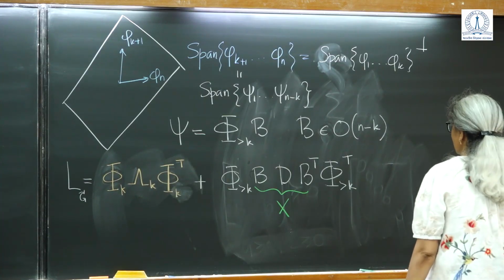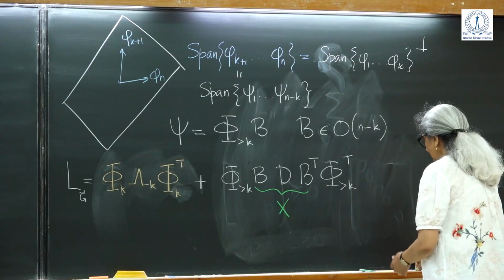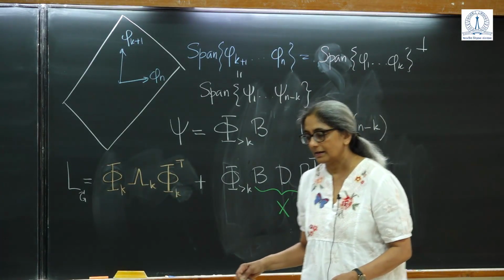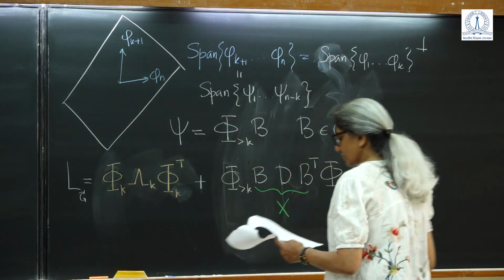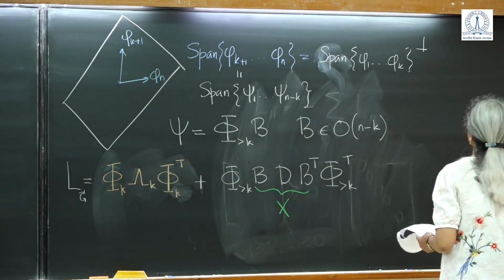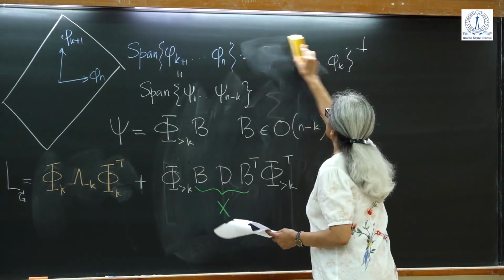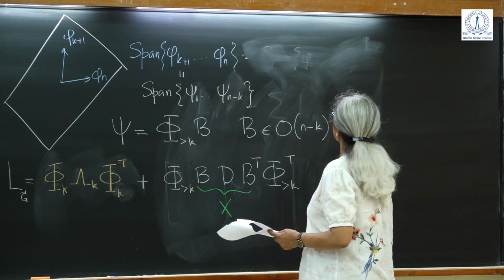So what exactly is this X? If I look at the space of X, this is going to use some of the ideas we learned yesterday. So let me erase some stuff.